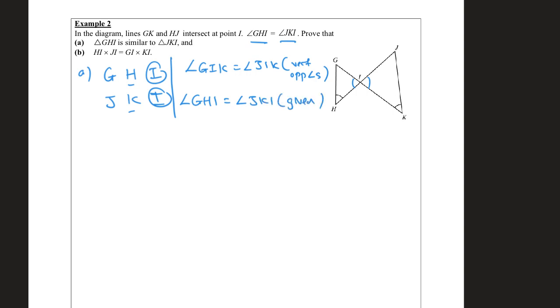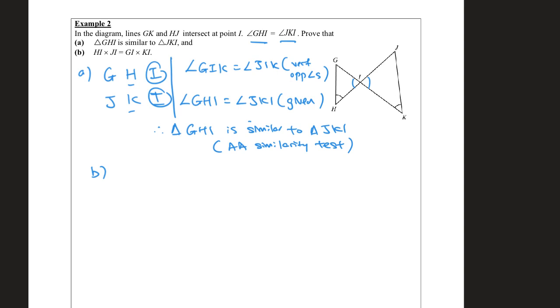Since two pairs of corresponding angles are equal, therefore triangle GHI is similar to triangle JKI using the AA similarity test. Okay, that's for part A.